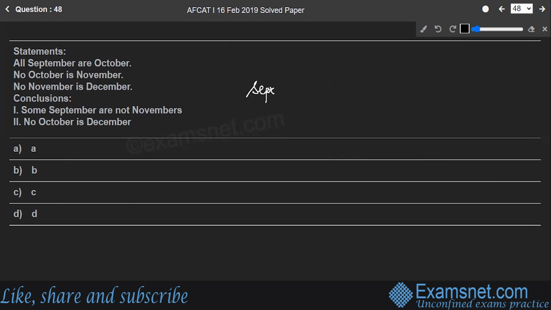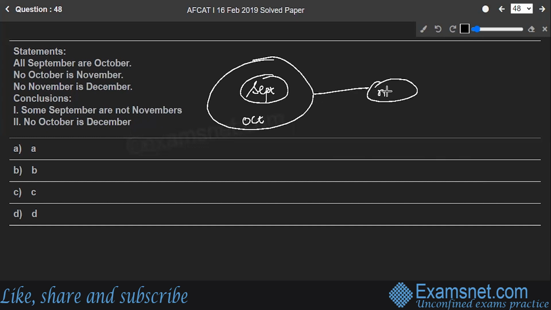Next, no October is November. That means if I'm saying this one is November, no October is November. No November is December. So here is December now. Let's read the first conclusion.